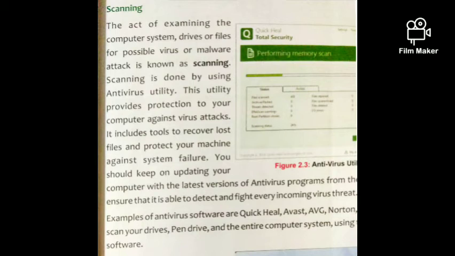The information is stored in various drives: hard drive, floppy drive, pen drive, compact disk, DVD, etc. So all these drives need to be checked before we use them for future purposes. That's the reason we use the scanning of the disk, and the scanning of the disk is possible with the help of antivirus.